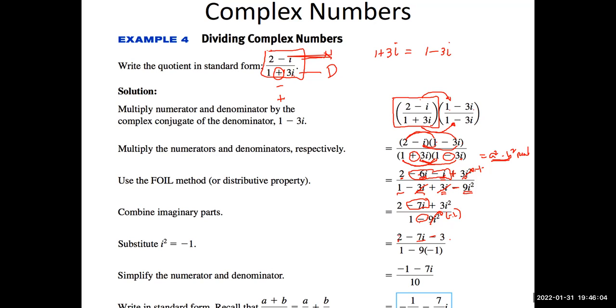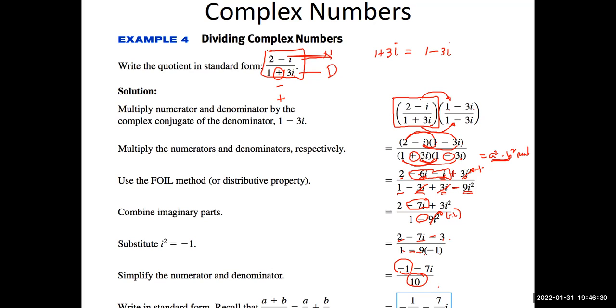So rewriting this, we now have 2 minus 3 is -1. And then 9 multiplied by -1 is -9, and since it is negative, it becomes positive. So that is 1 plus 9, that is 10.